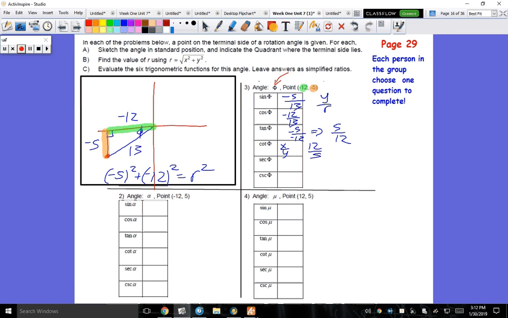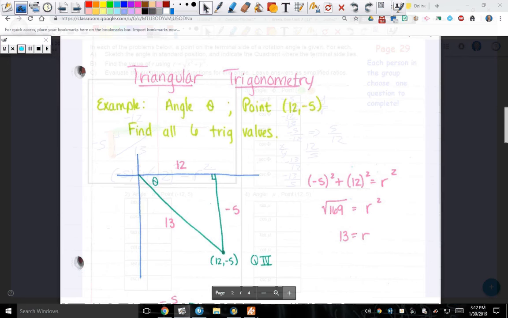Let's do the reciprocal of the next one. What would the secant be? 13 over negative 12 or negative 13 over 12. Either one, it's still going to be the same. Okay? And what will cosecant be? Yep, negative 13 over 5. And yes, that's the same as 13 over negative 5. Okay? Alright.